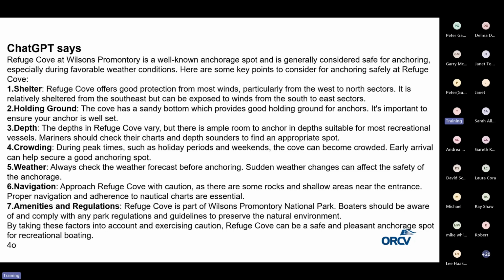It's relatively sheltered from the southeast, but can be exposed from winds from the south and east sectors. Holding around the cove has a sandy bottom which provides good holding ground for anchors. It's important to ensure your anchor is well set. The depth range varies, but there's ample room to anchor in depth suitable for most recreational vessels.